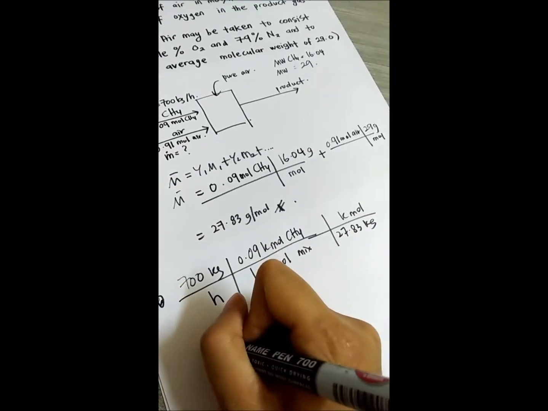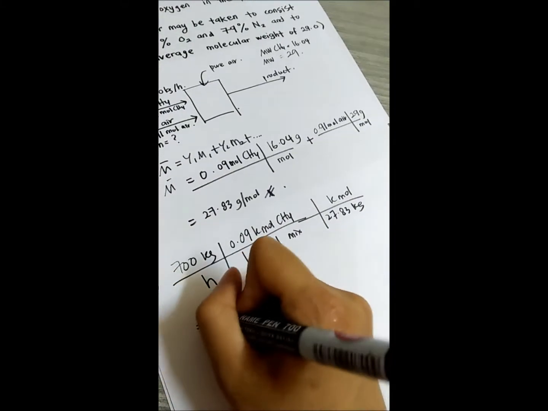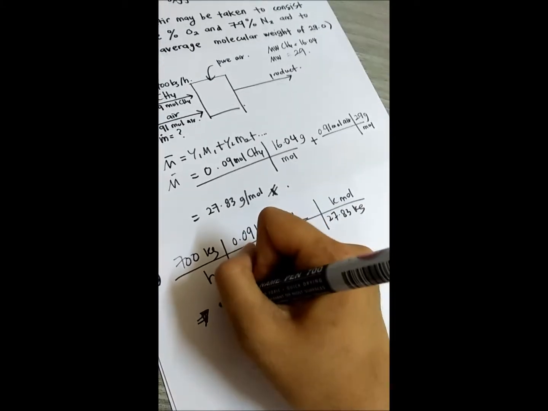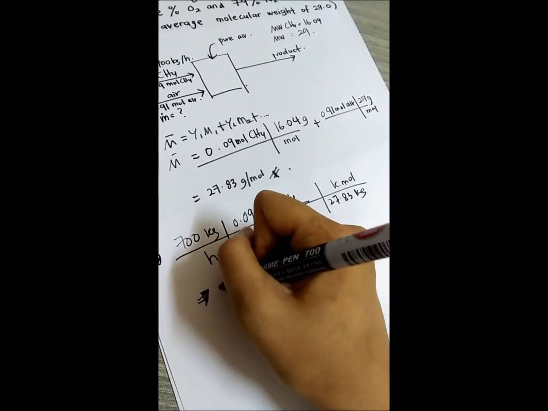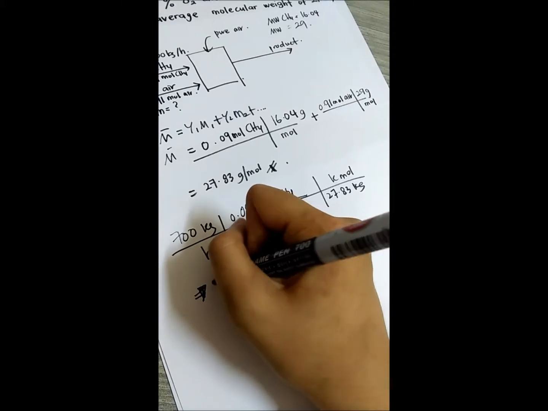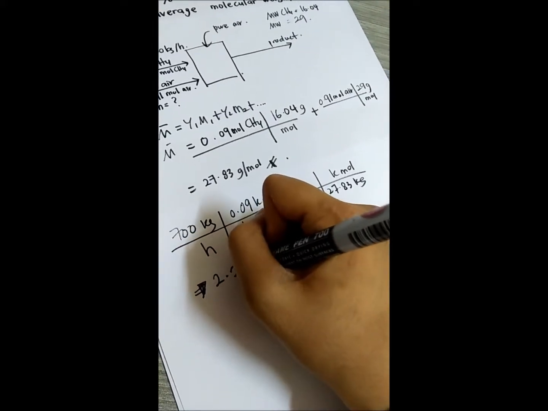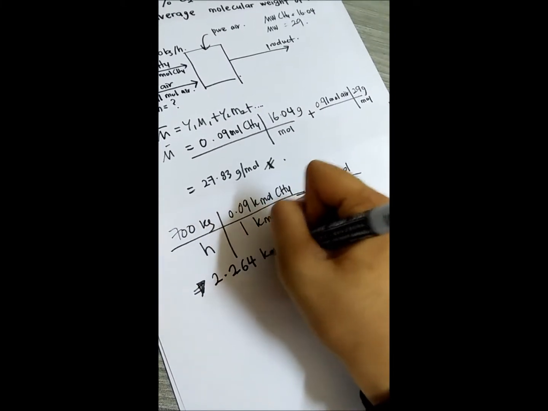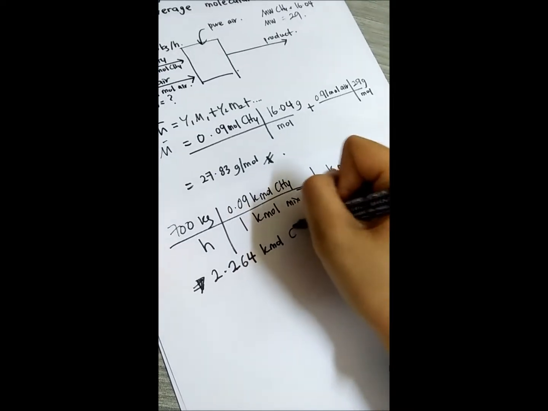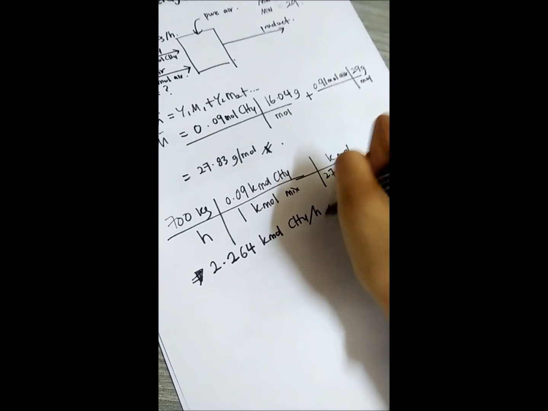So now you get the molar flow rate of methane, which is 2.264 kilomole of methane per hour.